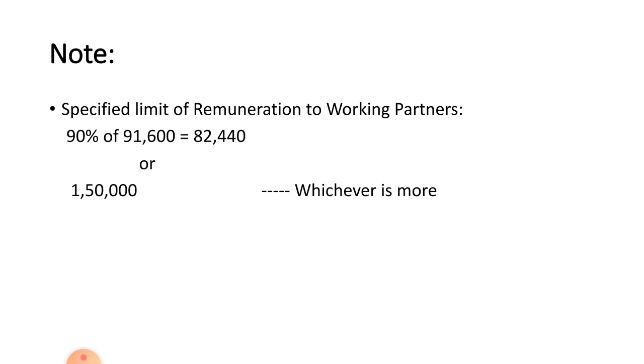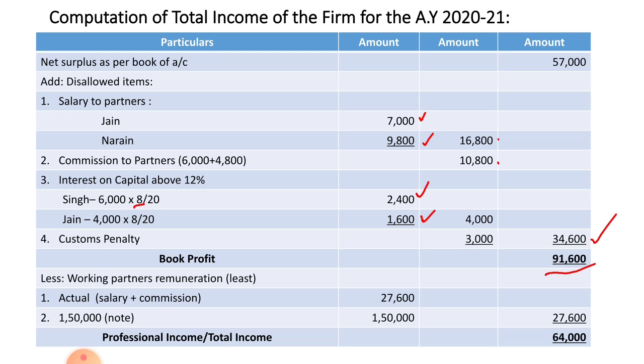So on book profit, that is 91,600, 90% of that amounts to rupees 82,440, or 1,50,000, whichever is more you have to consider, that is 1,50,000. Here no excess of 3 lakhs, so no need to consider that 60% of remaining balance. So out of these two, 1,50,000 is more, that is why you are considering 1,50,000.